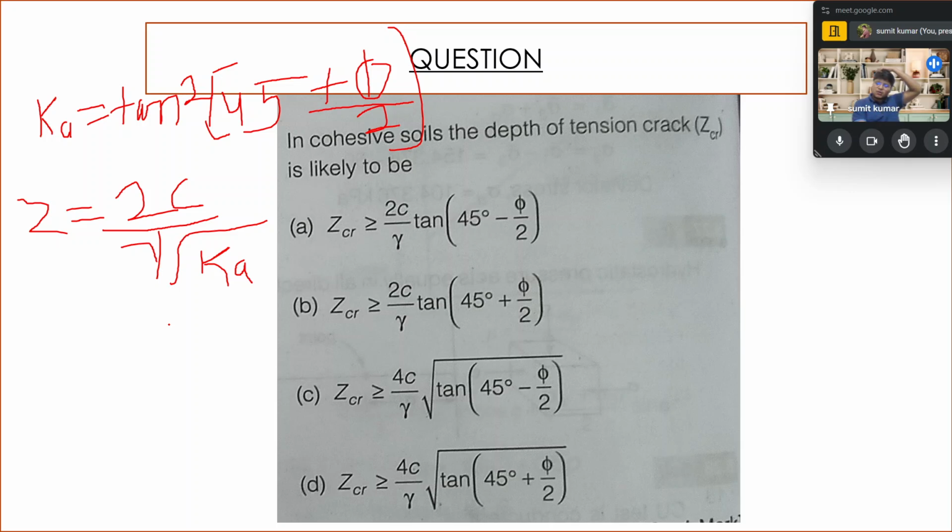When it comes out of the root, it becomes 2c by gamma tan 45 plus phi by 2. Sorry, K equal to cot square 45 plus phi by 2. So this is going to be our correct answer, and some correction is needed.